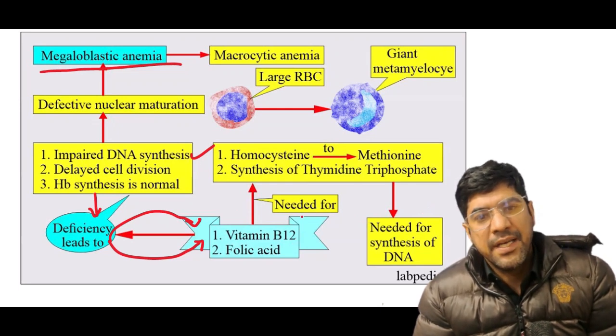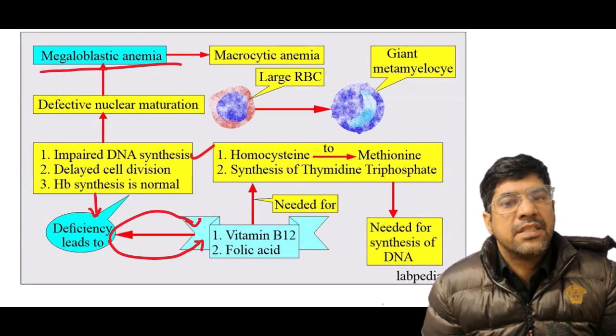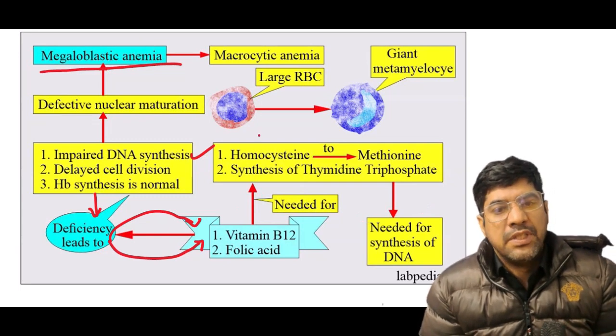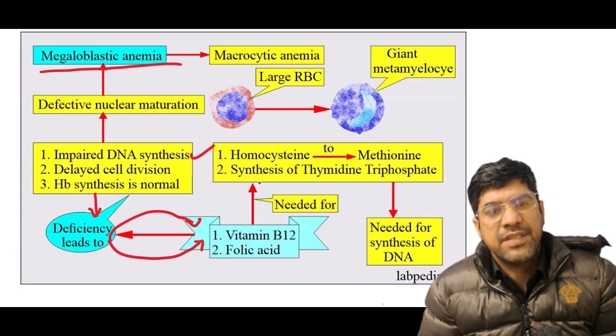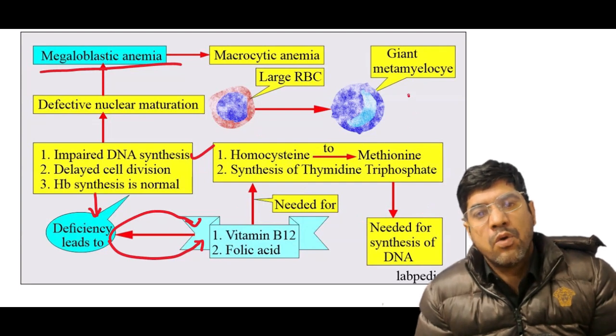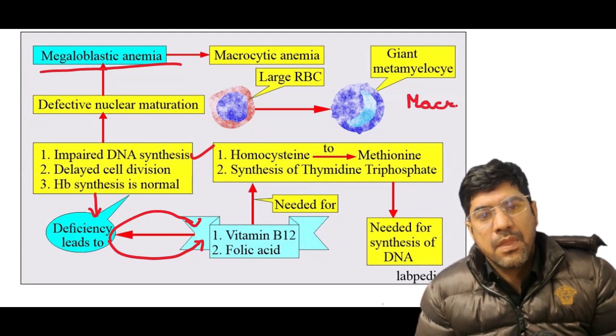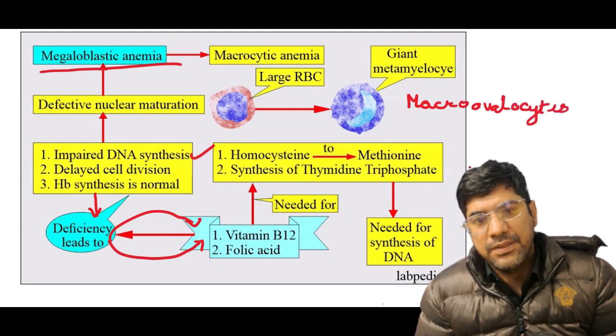What you see here is the presence of enlarged red blood cells. These enlarged red blood cells are also known as macro-ovalocytes, having mean corpuscular volume greater than 100 femtoliters.